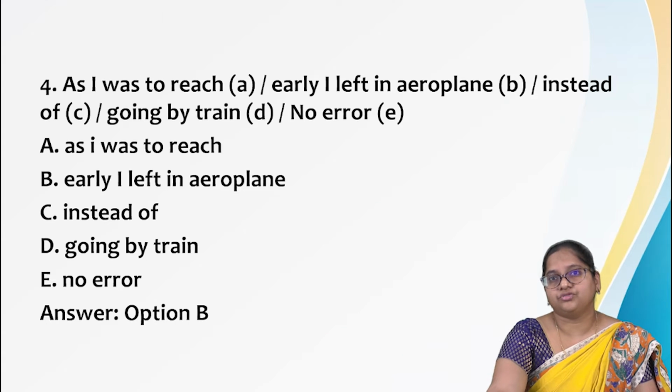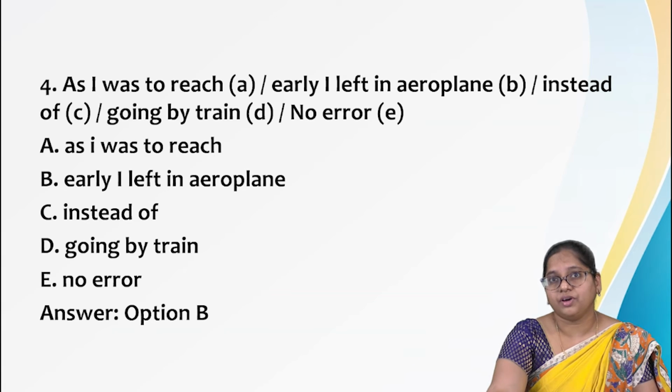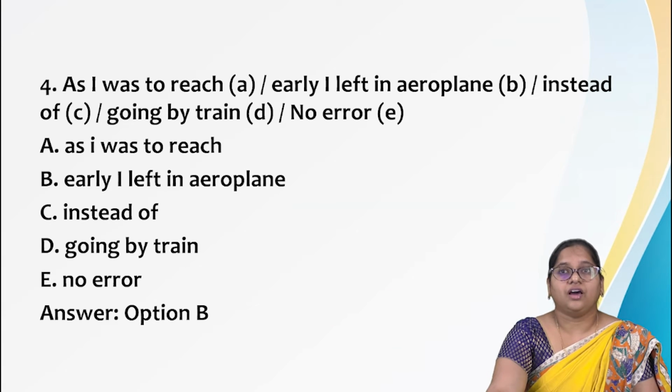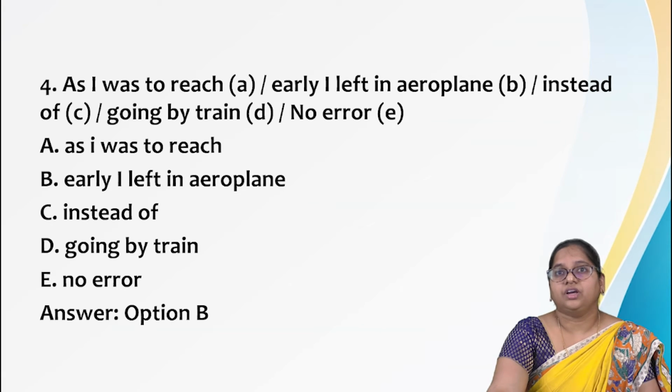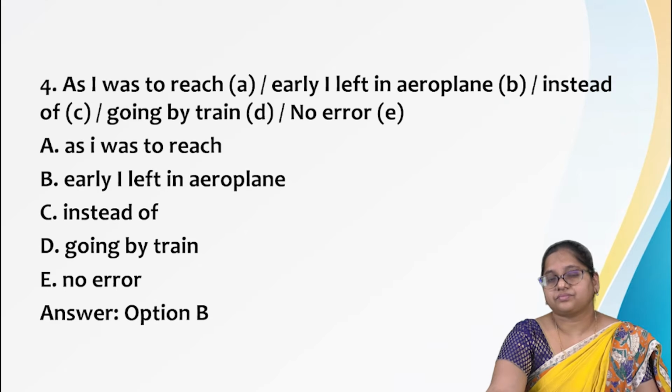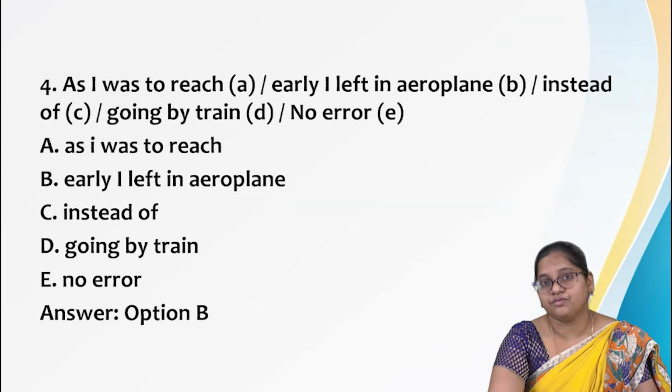Before you select the right option, think over each and every option: "I left in aeroplane instead of going by train." So you can select the option carefully, but before that think of every other option.